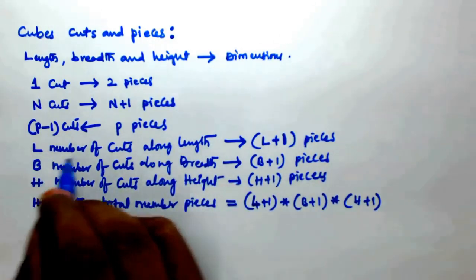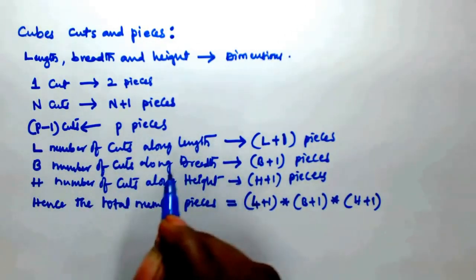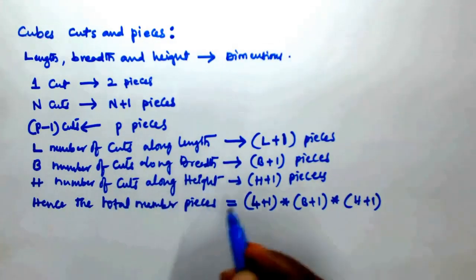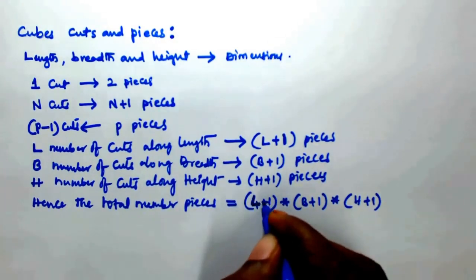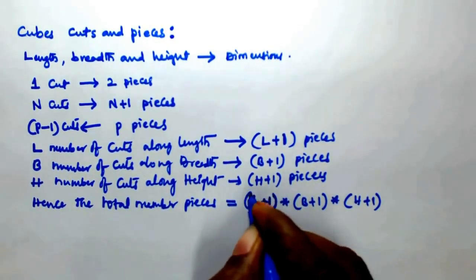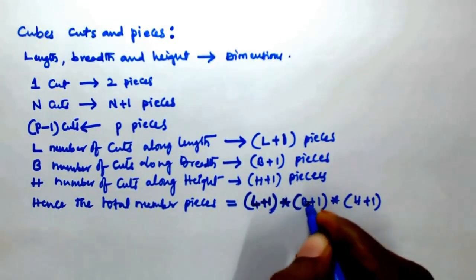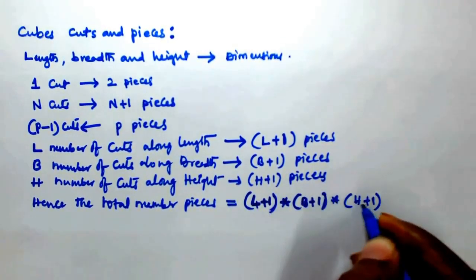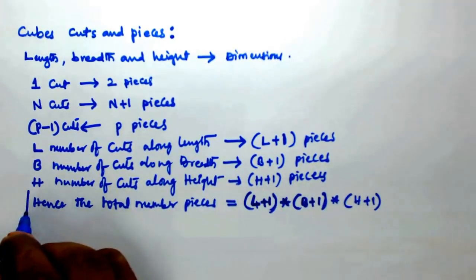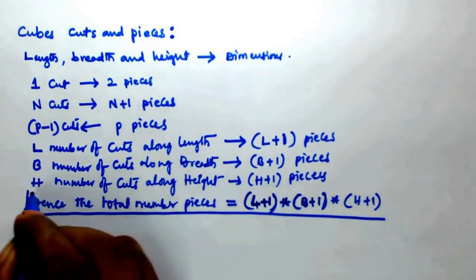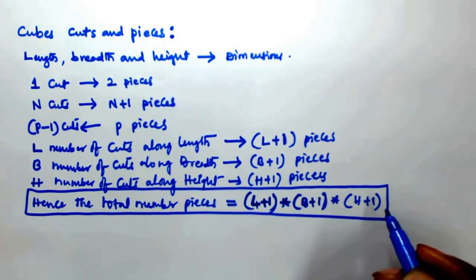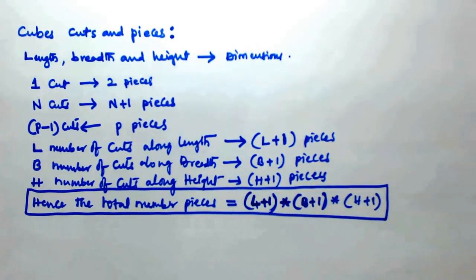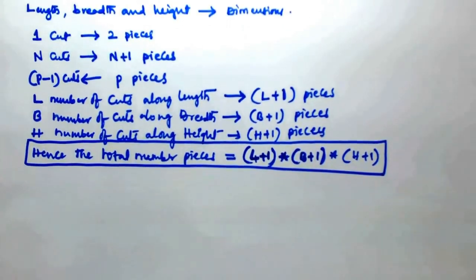So the total number of pieces is going to be equal to L plus 1 into B plus 1 into H plus 1. This will give the total number of pieces.